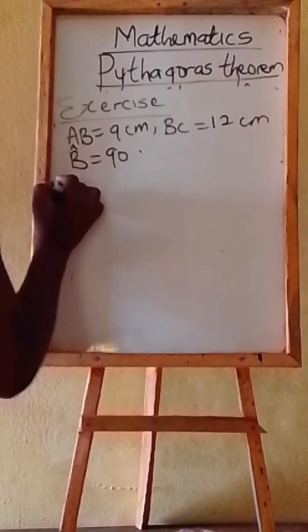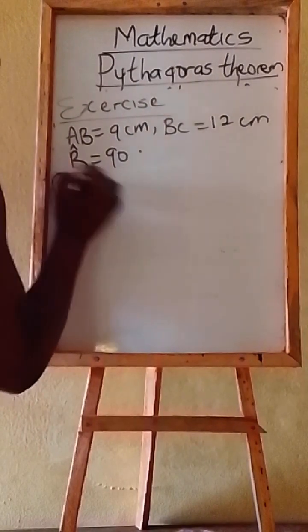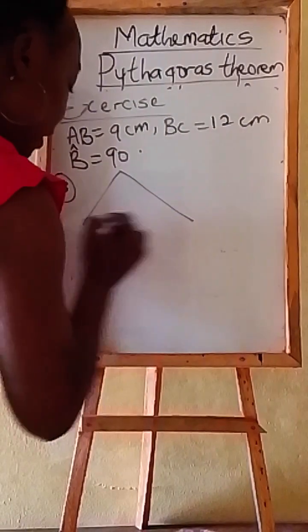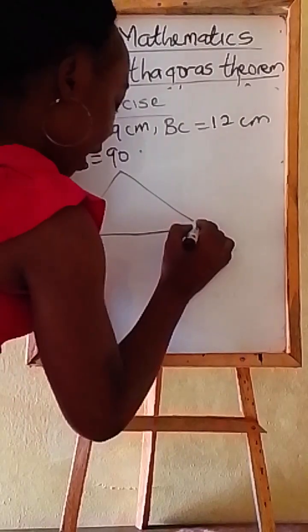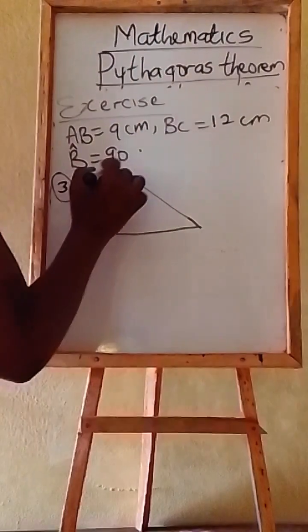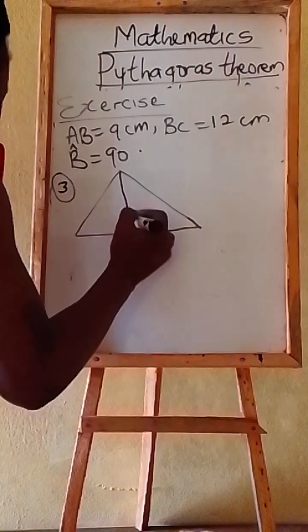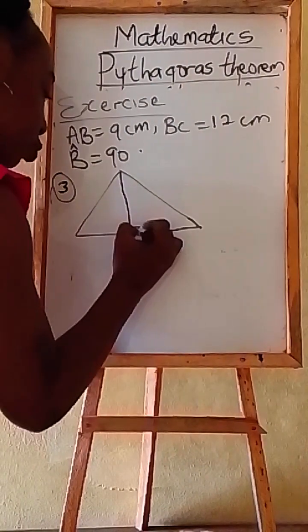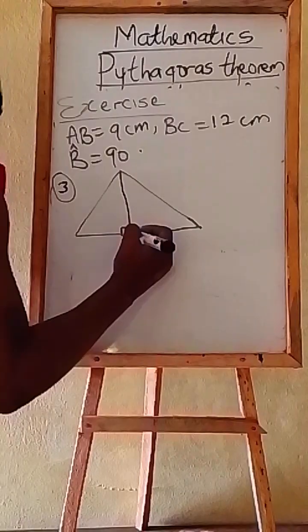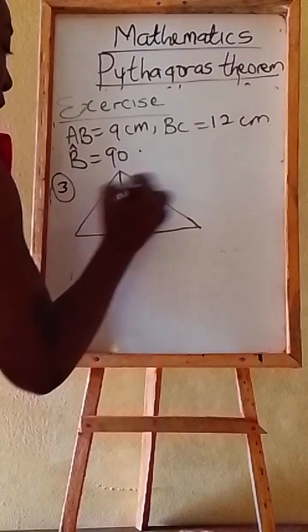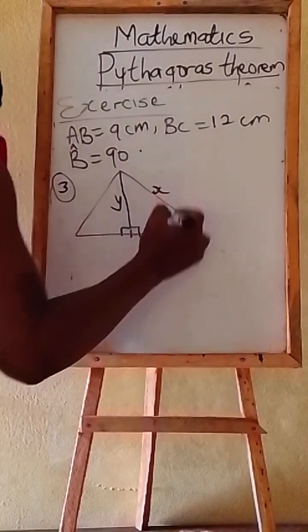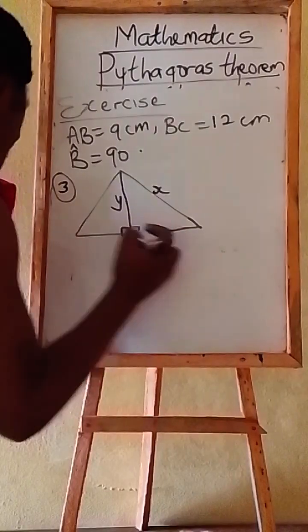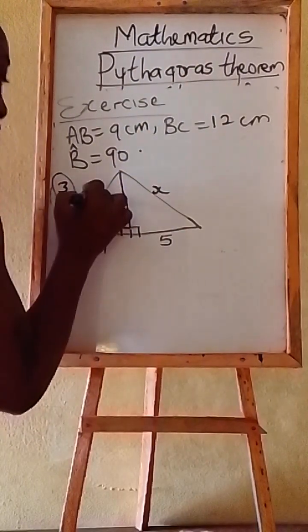Now I want us to look at another example. We have y, x, 5, 9, 15.